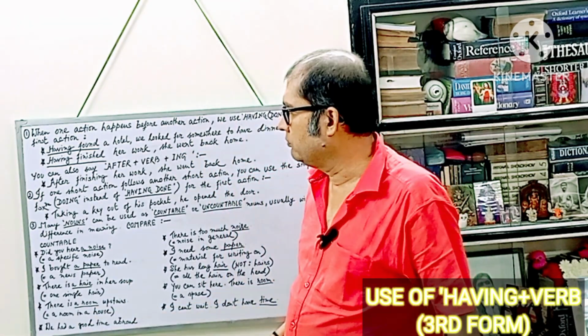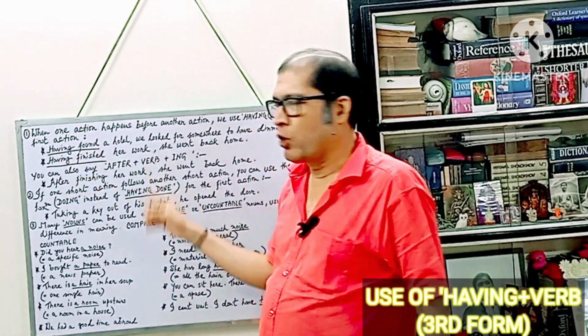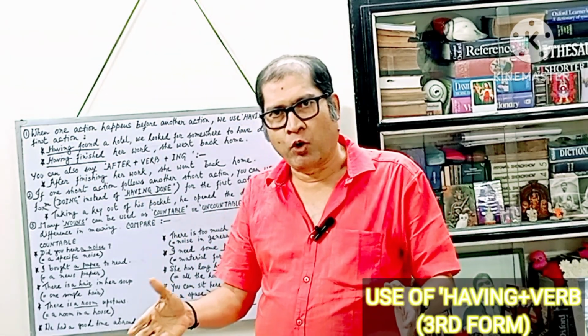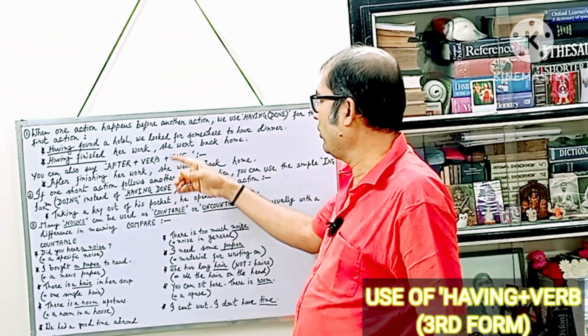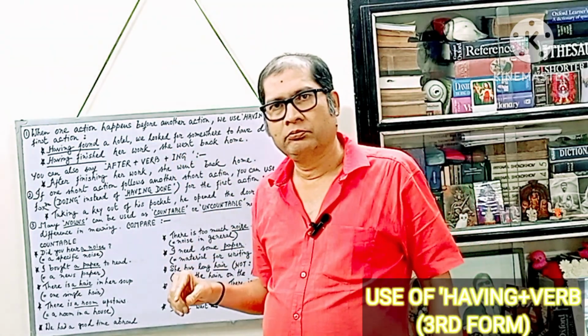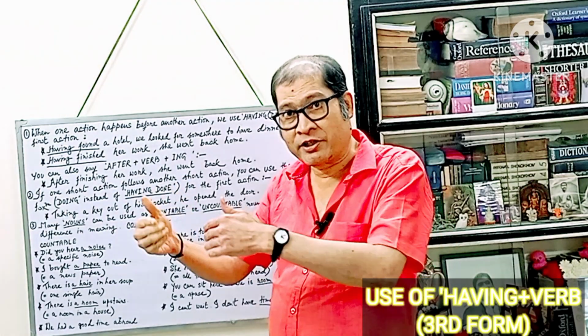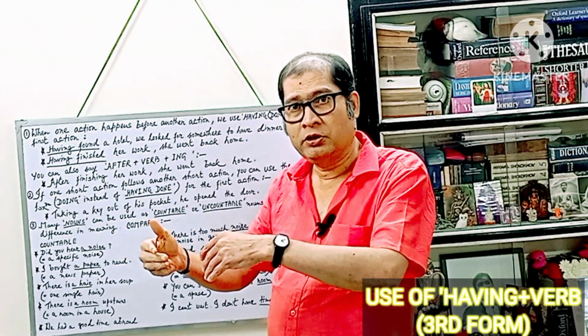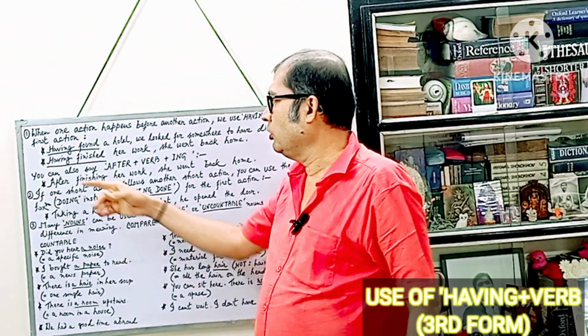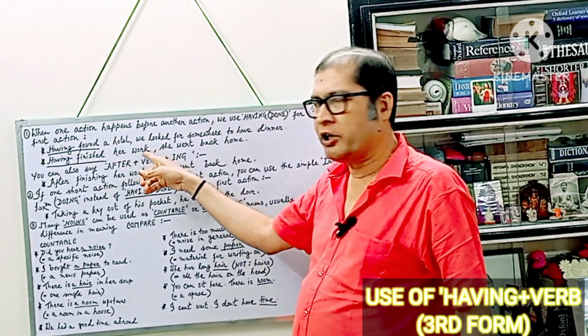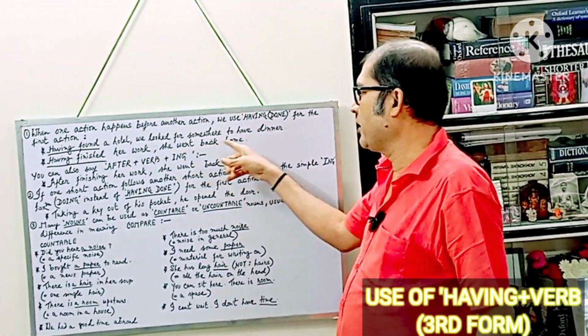A girl. Having finished her work, first she has to finish her work, and after that only, she can go back home. So, we are using the having phrase for the first action. First action is to finish the work. So, having finished her work, she went back home.